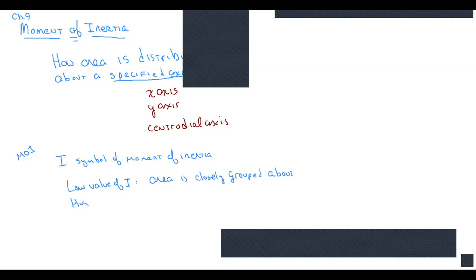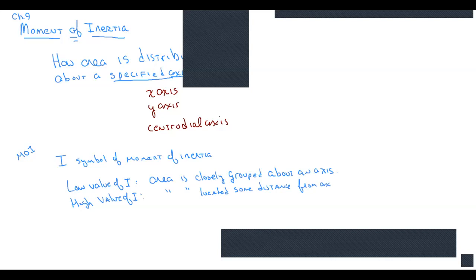Conversely, if the value of I is high, so you have a high value of I, the area is located some distance from the designated axis.